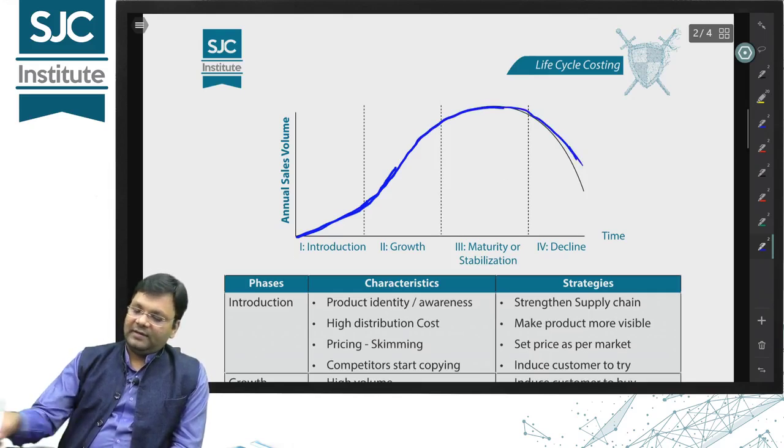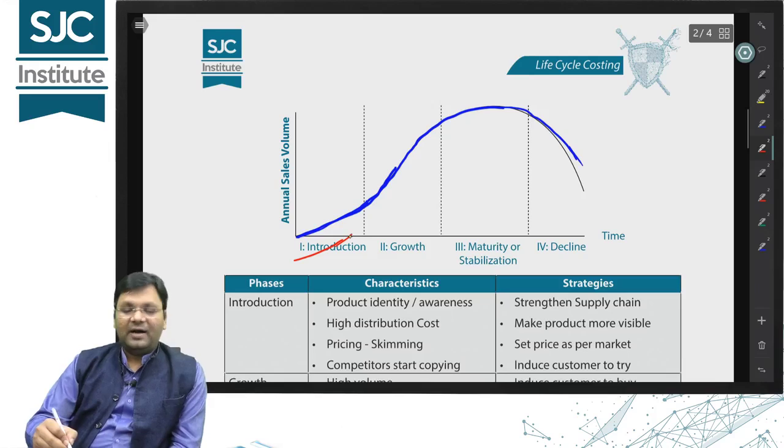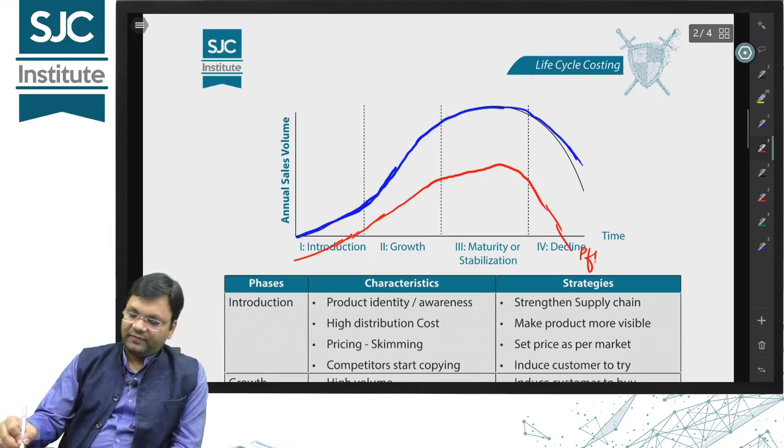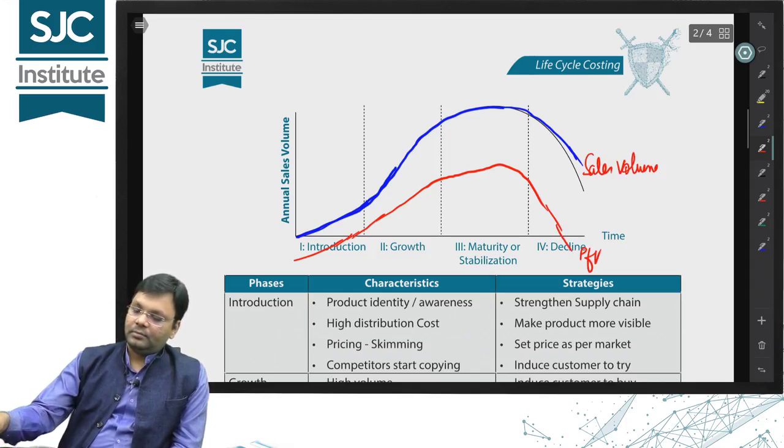The profit graph is negative in introduction, usually because of high cost and low volume, but in growth it starts becoming positive. In maturity it's at its peak, and towards decline it starts falling and sometimes may get negative. This is profit, this is your sales volume.